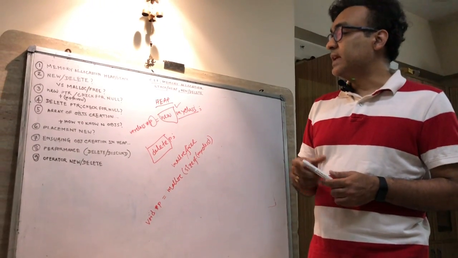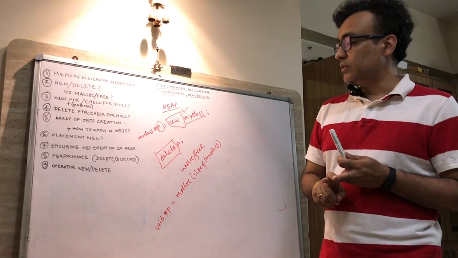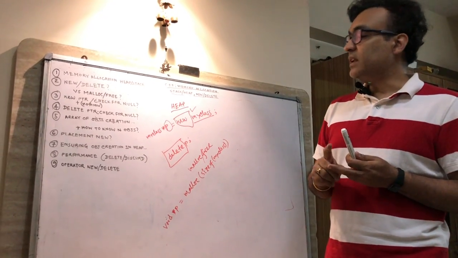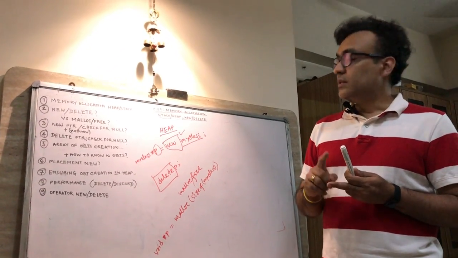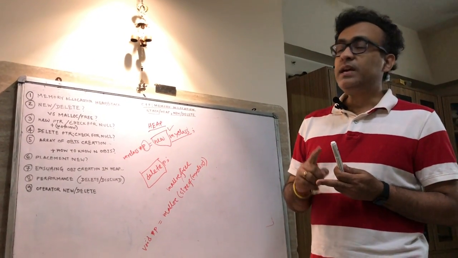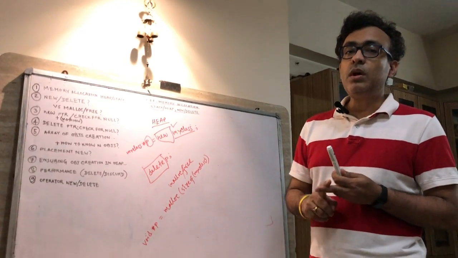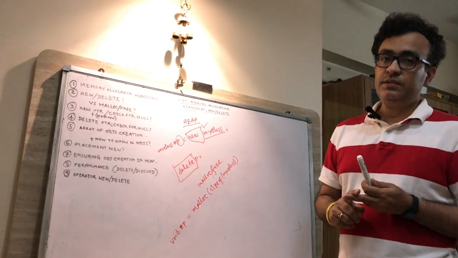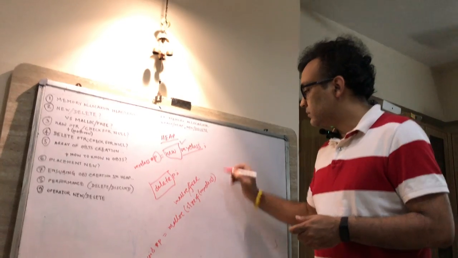So this is one advantage of new with respect to malloc. Another advantage is flexibility. With new, we can overload new so that we can do our memory allocations ourselves.